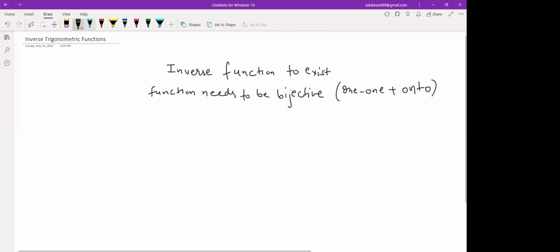So if we see trigonometric functions, okay, Austin, no issue. If you have not done relations, then also you will be able to follow.